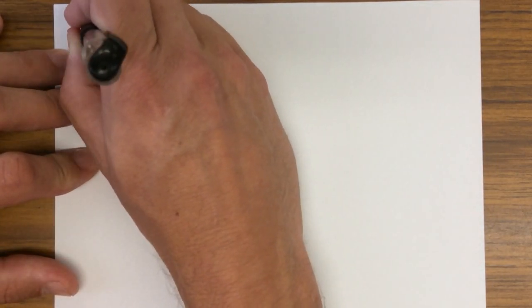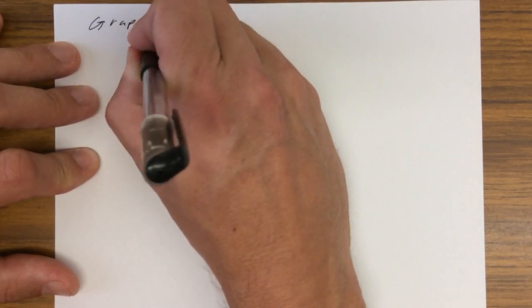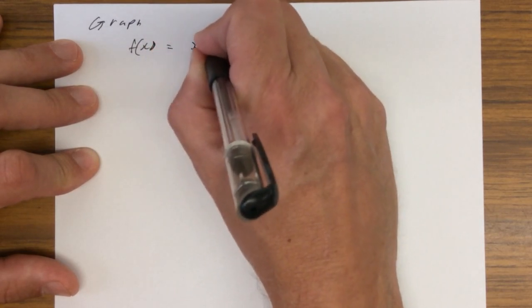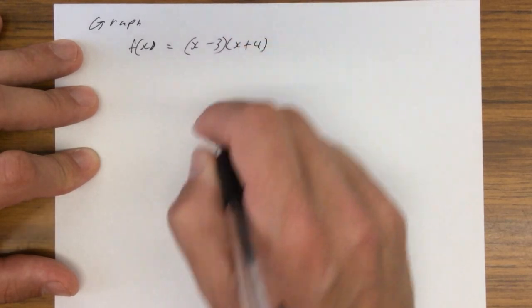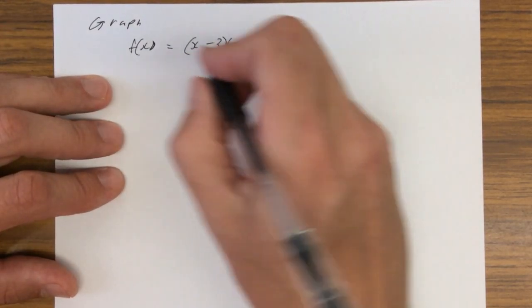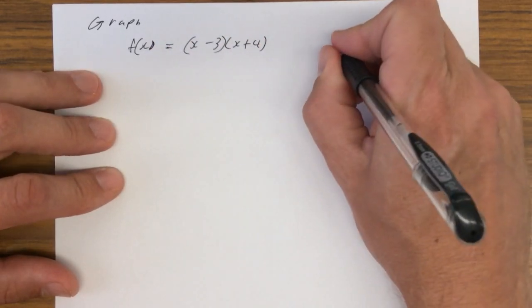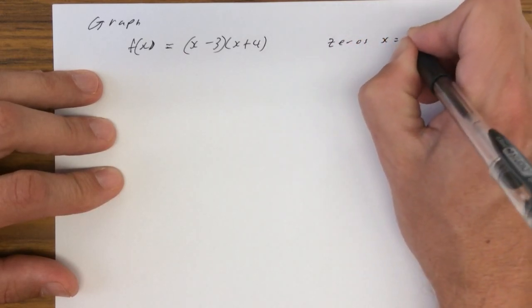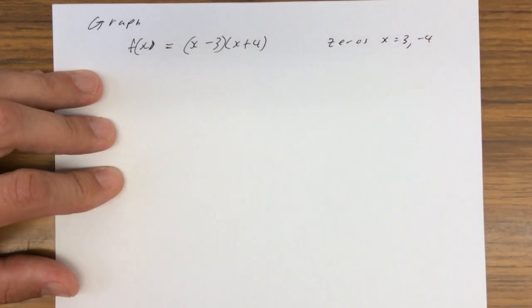So to graph, let's try f of x equals x minus 3 and x plus 4. What we know about this in factored form is that we have two of the x-intercepts, right? So the zeros are x equals 3 and negative 4.